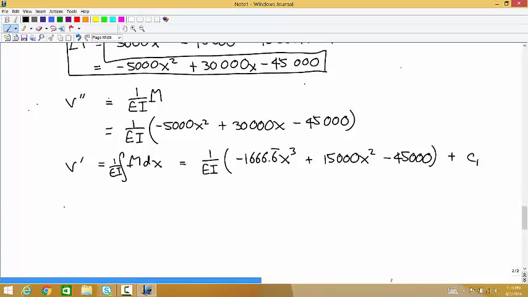And now to calculate the deflection, we integrate that. So the deflection is equal to the integral of v prime dx. I didn't write x. Thank you.